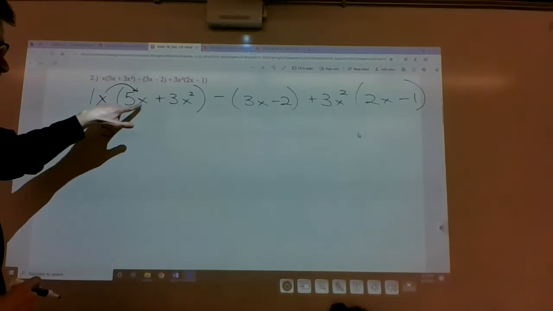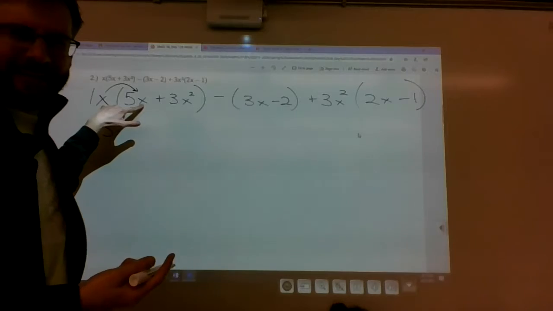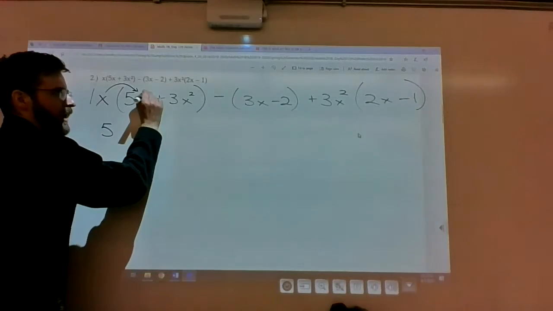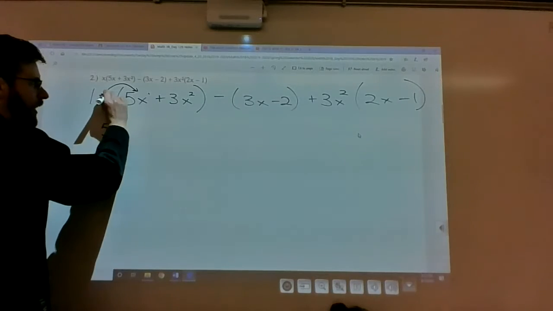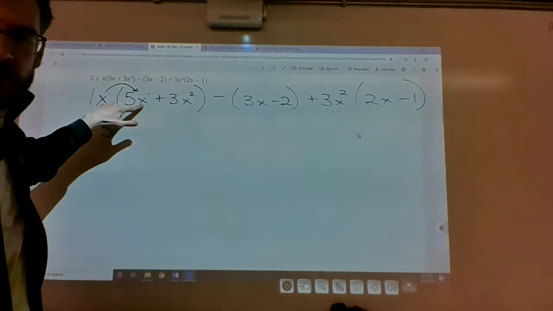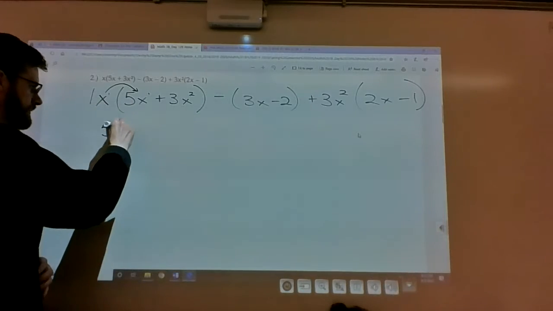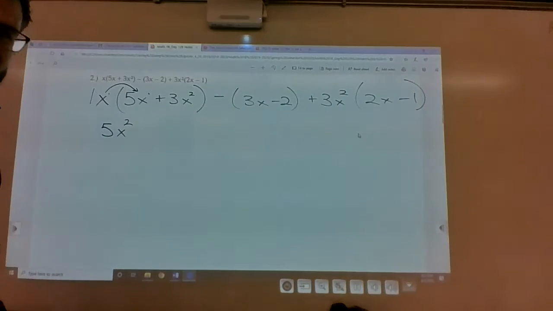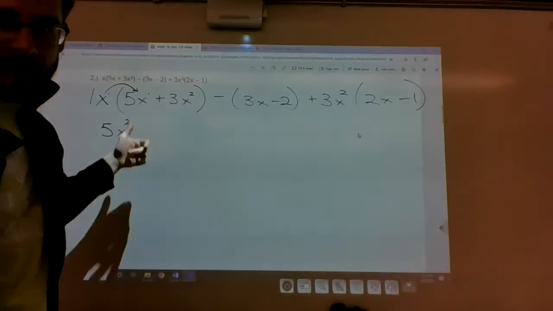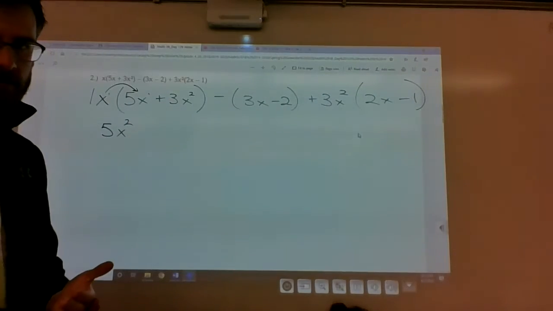And then x times x, remember, is like asking what's the exponent: a 1 here and a 1 here, so it's x to the 1 plus 1, x to the 2. Which makes sense. I had 5x, and now I'm incorporating another x to that power.